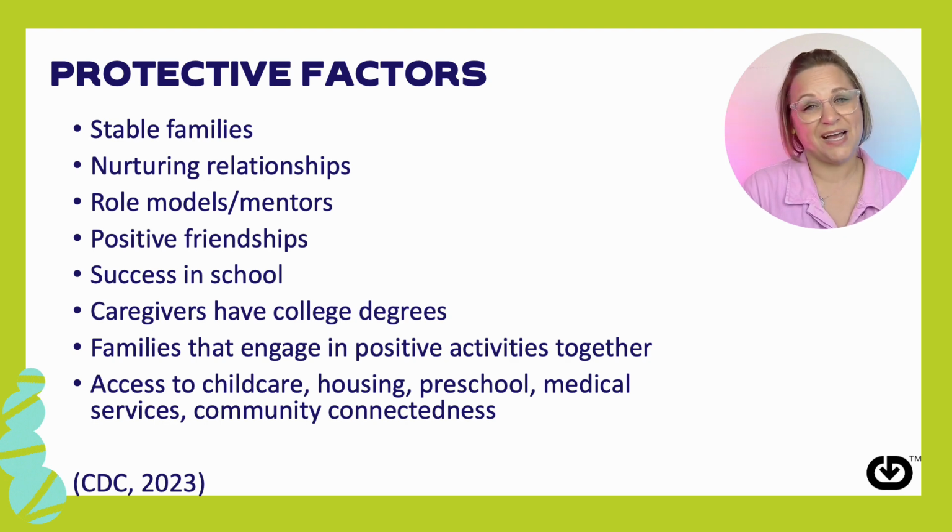But if a child has some protective factors in their life, like stable families, nurturing relationships, role models or mentors, maybe that's a coach or a teacher at school, positive friendships, success in school, if their caregivers have college degrees, if their families participate in positive activities together, and if their families have access to things like housing, preschool, medical services, and community connectedness, these can protect against the negative, harmful effects of adverse childhood experiences. So as nurses, we want to encourage healthy families, mentors, and healthy communities.